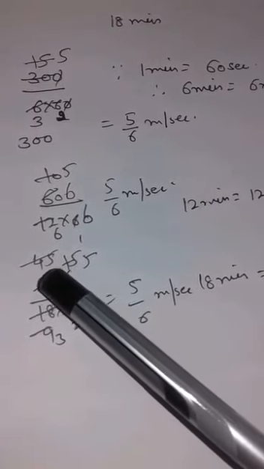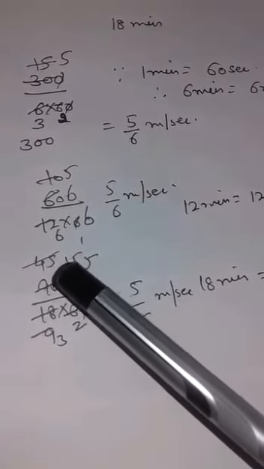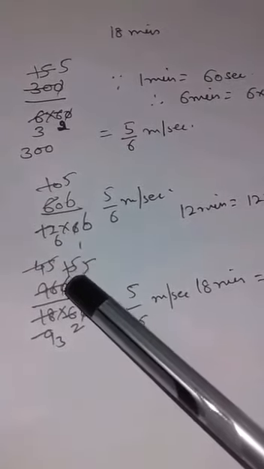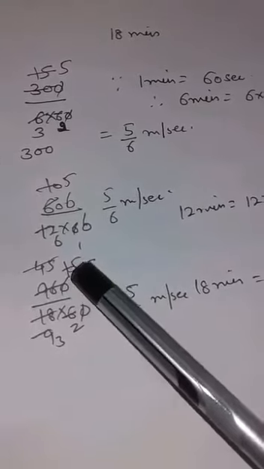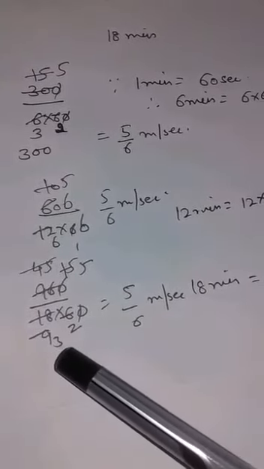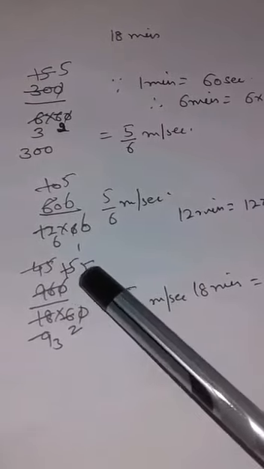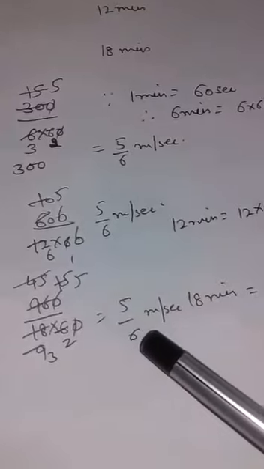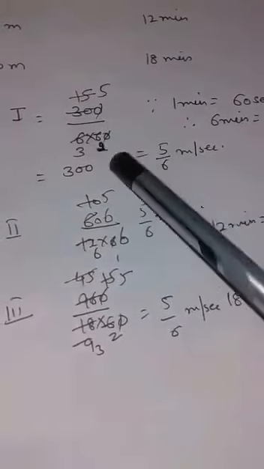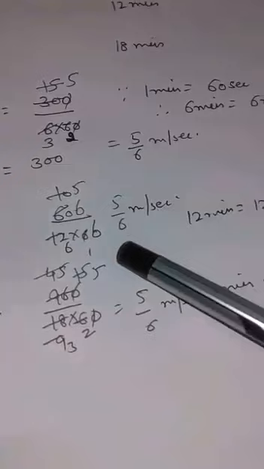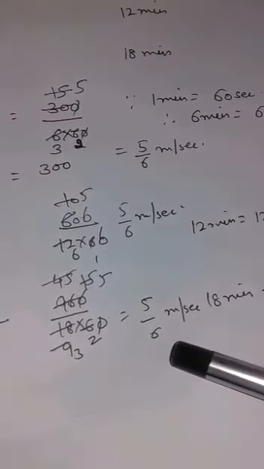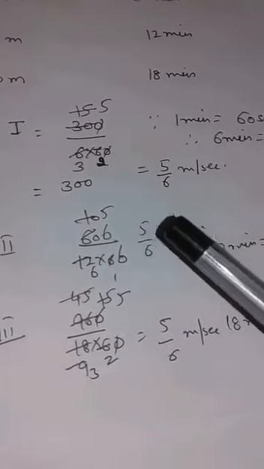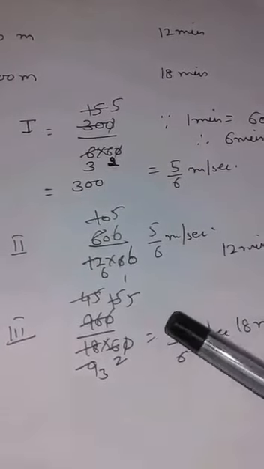And then if we cut 3 with 3, 3 2s are 6, 3 1s are 3, 3 5s are 15, 5 upon 6. Here you can see that in every part, first, second and third, speed remains the same. It means motion of the student is uniform motion.